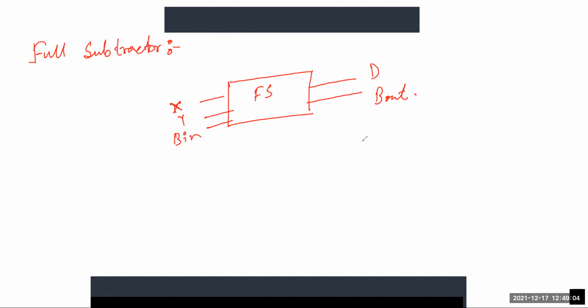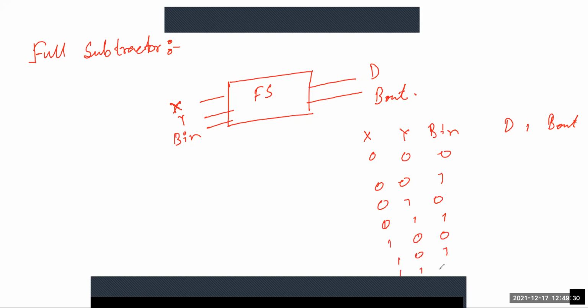So here the truth table: X, Y, B in, D and B out. So this is 0 0 0, 0 0 1, 0 1 0, 0 1 1, 1 0 0, 1 0 1, 1 1 0 and 1 1 1.